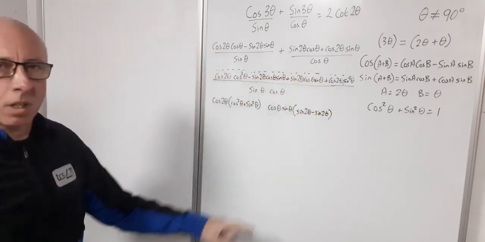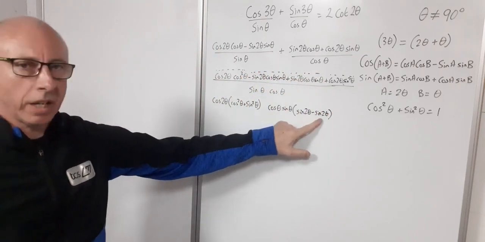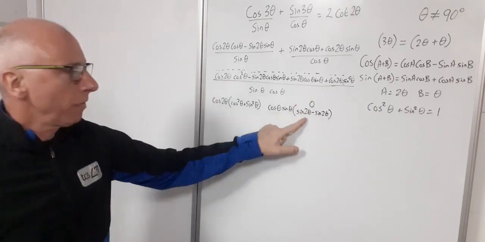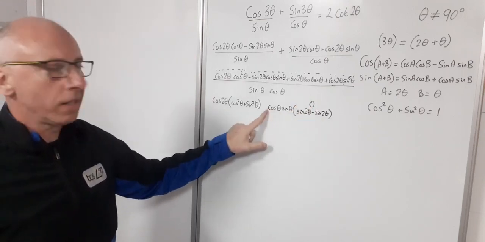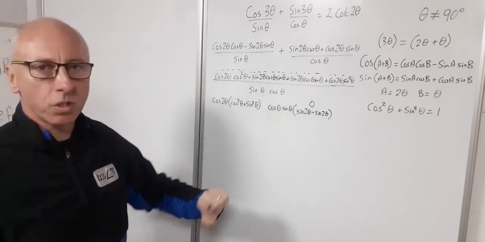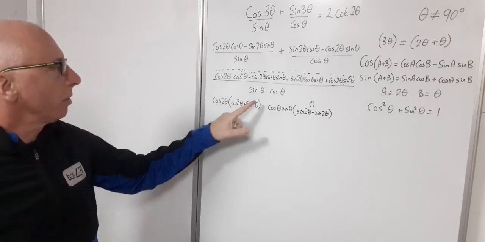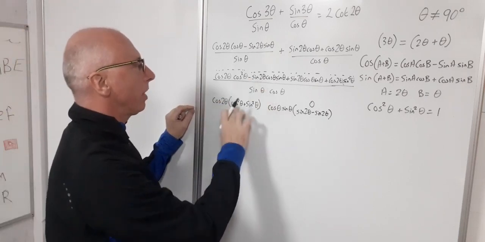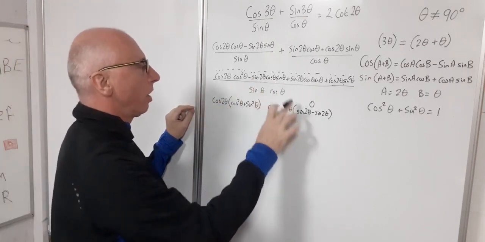Now, whatever happens here, I'm going to end up with 0. So this is going to be 0. So whether I add or subtract a 0, this whole thing would just disappear. So if I look carefully here, I've got a minus sine 2 theta on this side.